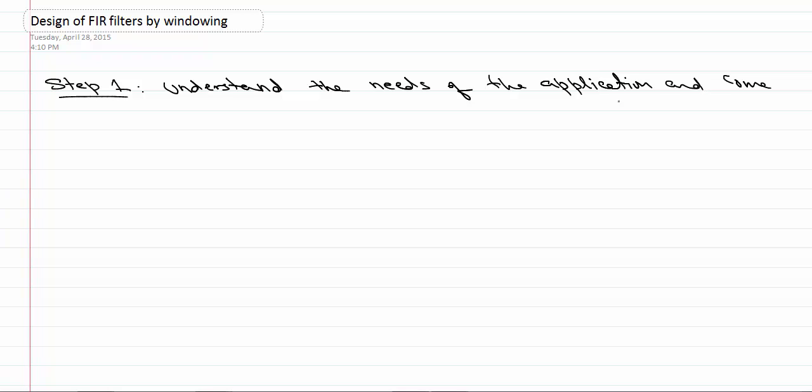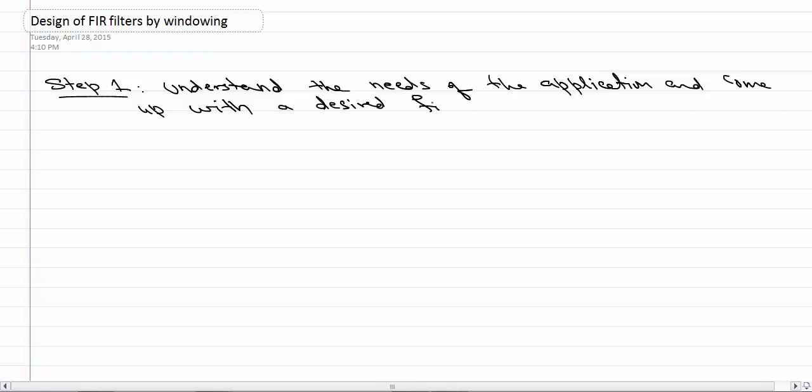So understand the needs of the application and come up with a desired filter and frequency response. So what you will have is that you say, I want a filter whose frequency response is H_D of e to the j omega, whatever it looks like.